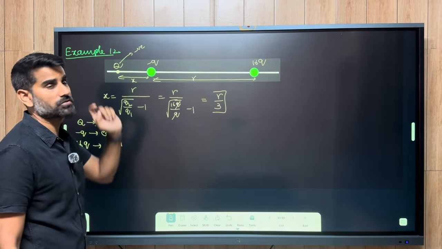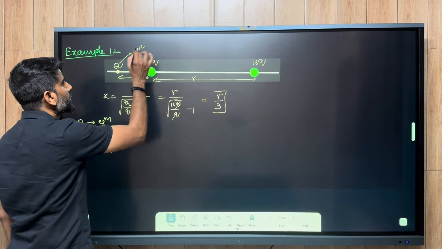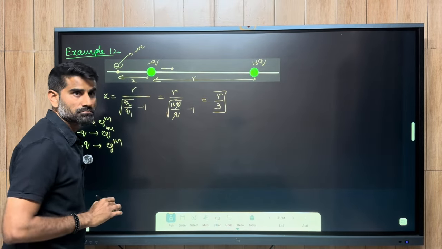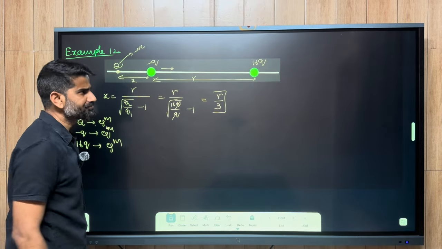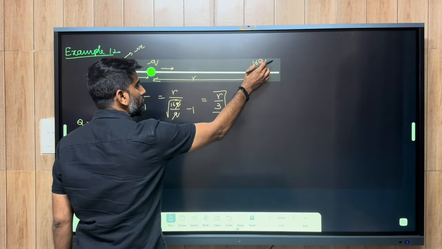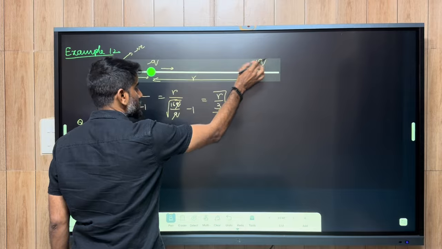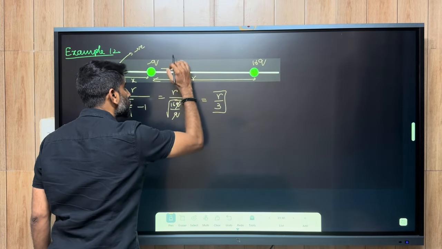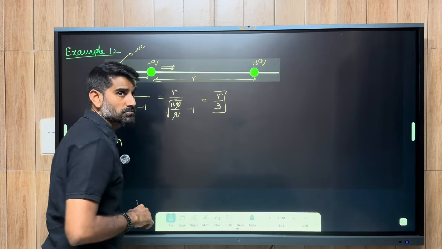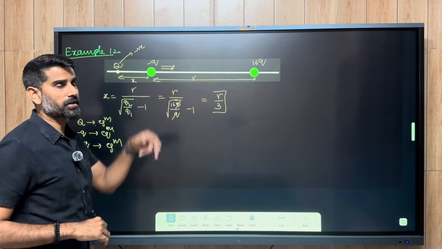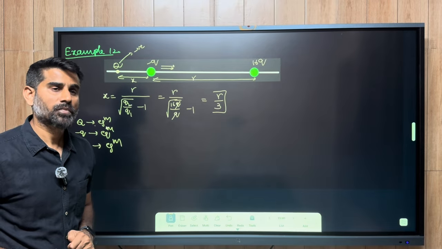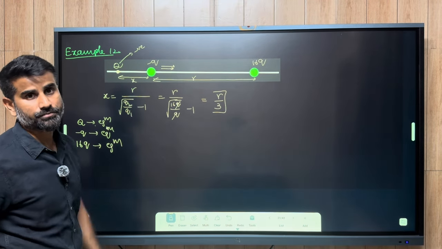This negative charge is pushing this negative charge in this direction because there exists a repulsive force, and this 16q charge is positively charged and this is a negative charge. This 16q is attracting this negative q charge in the same direction. That means both the forces are acting in the same direction. There is no possibility for equilibrium if this third charge is negative.